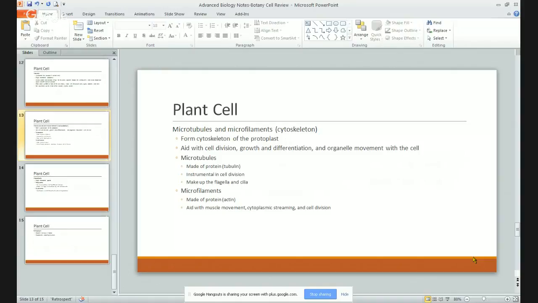Its main functions are to help with cell division. They're also going to help with growth and differentiation of the cell. And the cytoskeleton as a whole is also responsible for helping organelles move from one spot to another within the cell. We're not going into specifics yet.